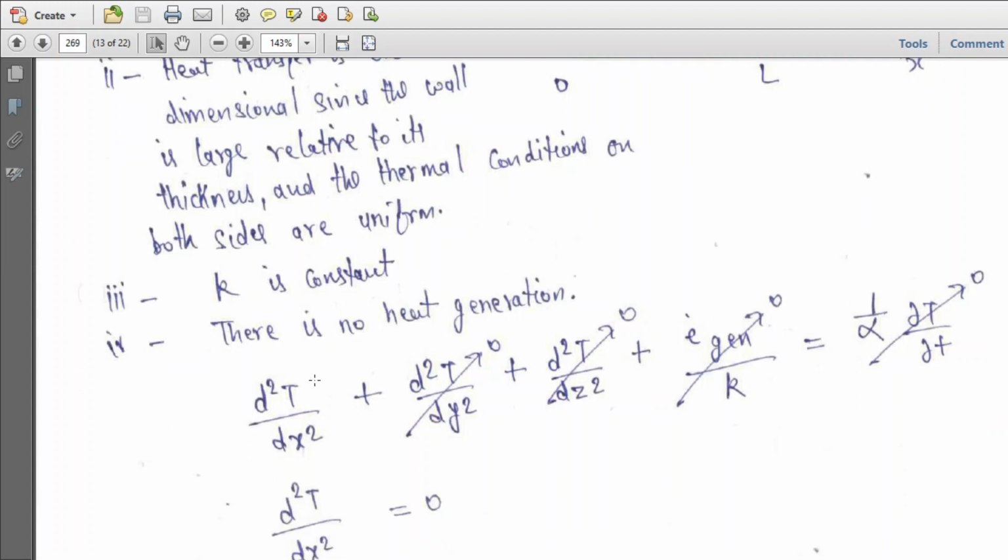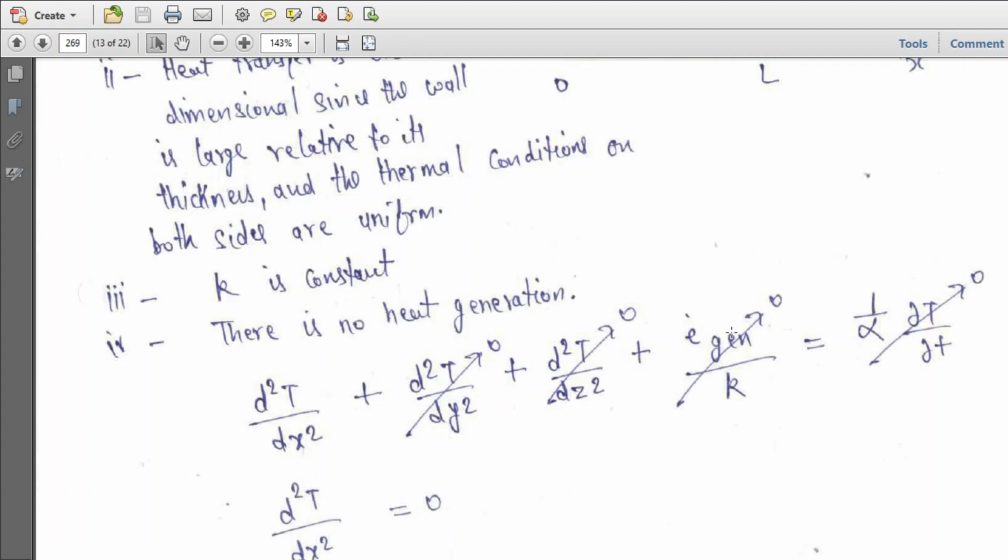So in that case, our governing equation is d²T/dx² + d²T/dy² + d²T/dz² + E dot generation/k = (1/α) ∂T/∂t. Now purely for one dimensional, so your y dimensional term and z dimensional terms are 0.